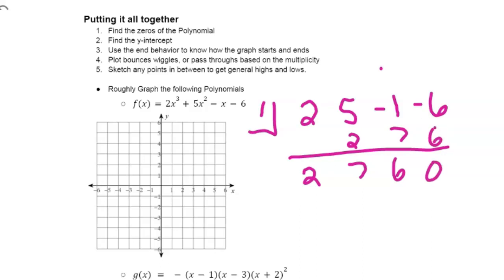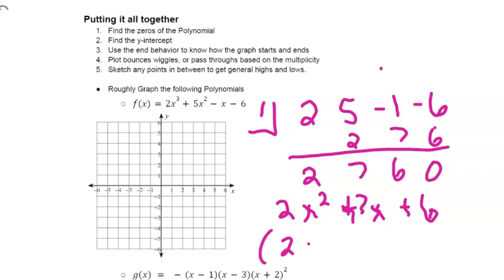So we got 0. So that means 2x squared plus 7x, sorry, it's a little squiggly there, plus 6 is my quadratic, which would factor, I think it's 2x plus 3 and x plus 2, if I had to factor that. And so we know we now have 3 roots.